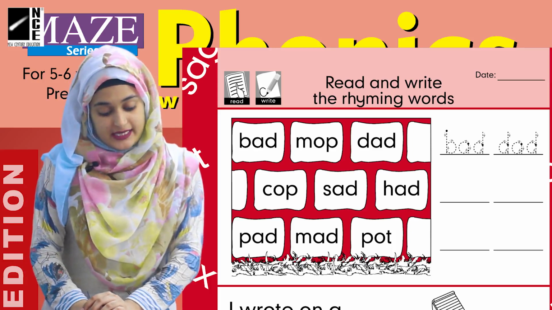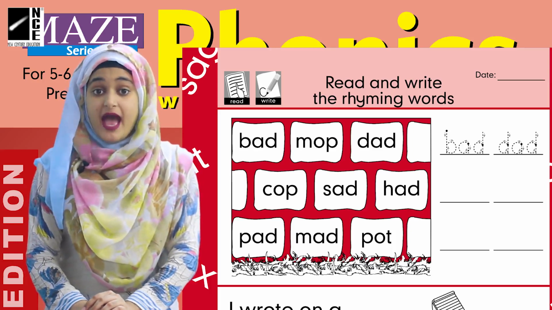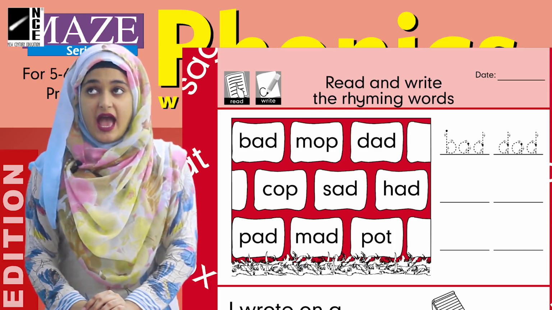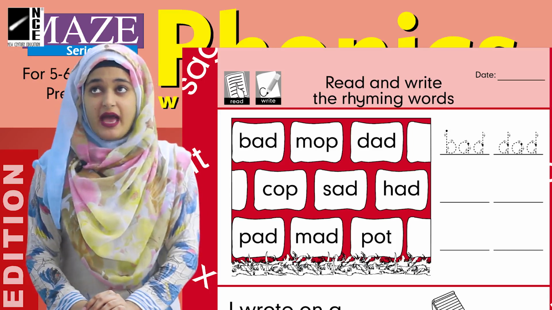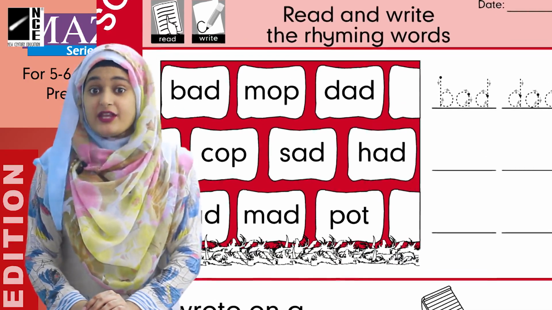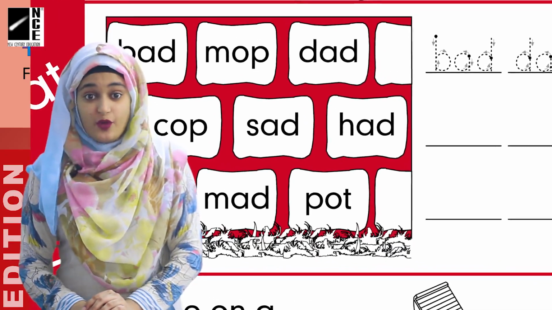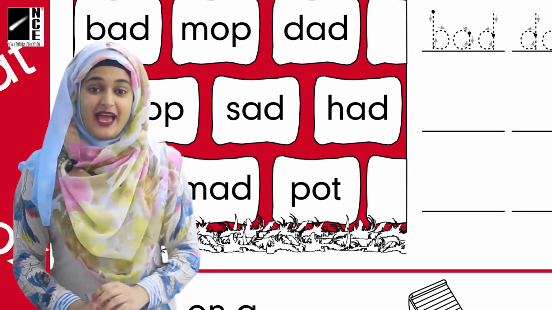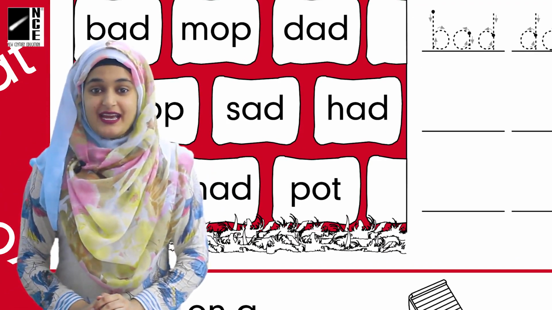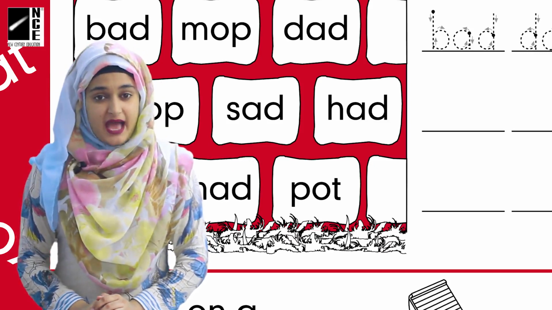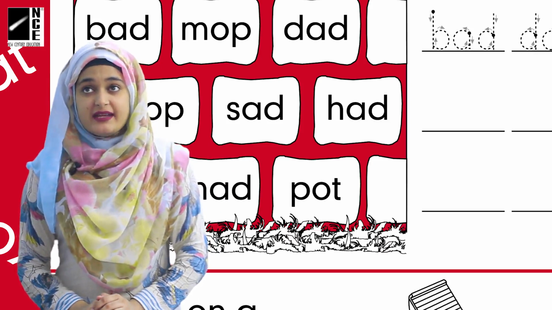Now let's move to the third row. It is pad. Pad, had. Yes, they rhyme together. So we will write had in the first blank. Now for the second blank, mad.